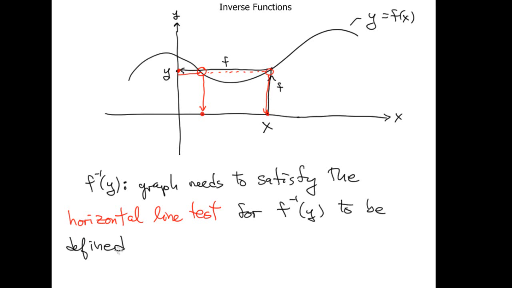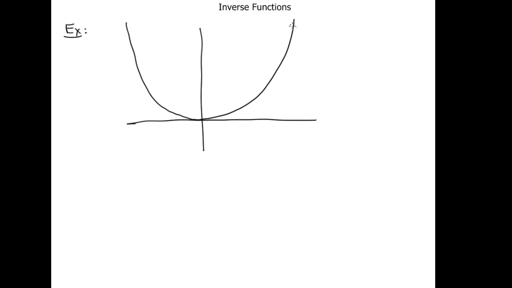So let's look at that example of x squared from the point of view of these pictures. So here's the graph of the function f of x is equal to x squared, and it obviously satisfies the vertical line test, but it equally obviously fails the horizontal line test.